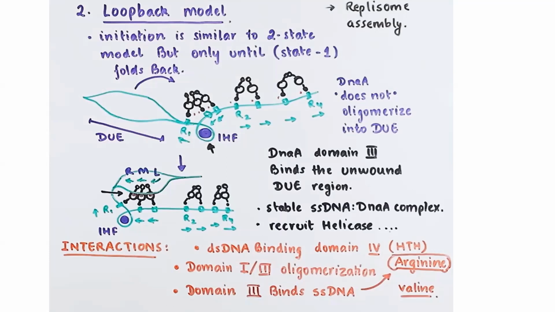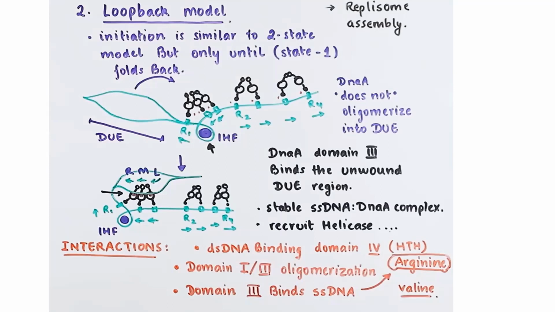In the loopback model, the DnaA protein does not oligomerize into the DUE region. This is in contrast to the two-state model, where oligomerization proceeds from the trios into the DUE region. In the case of the loopback model, it doesn't happen. The melted DUE region folds back.